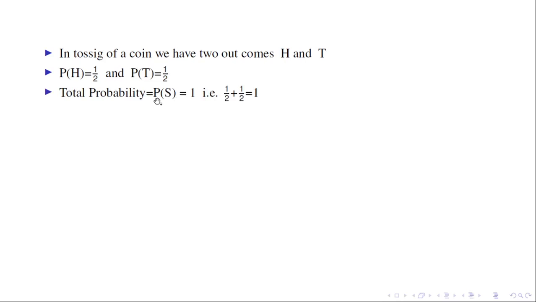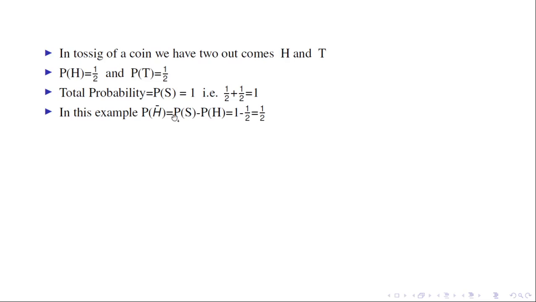The total probability of S must be equal to 1, that is 1 by 2 plus 1 by 2, the probabilities added over all events. In this example, probability of H bar is probability of S minus probability of H, that is 1 minus 1 by 2, which is equal to 1 by 2.